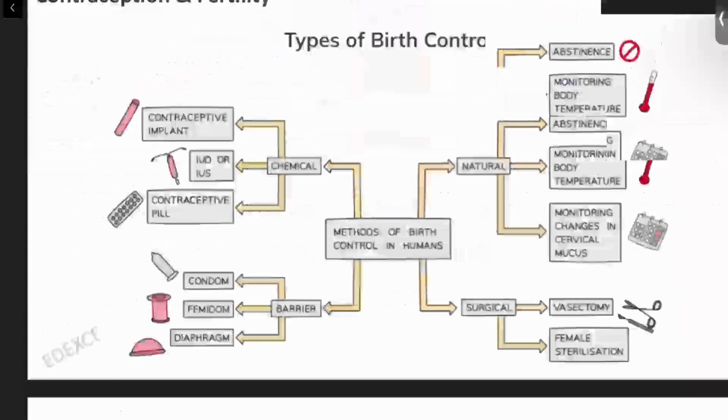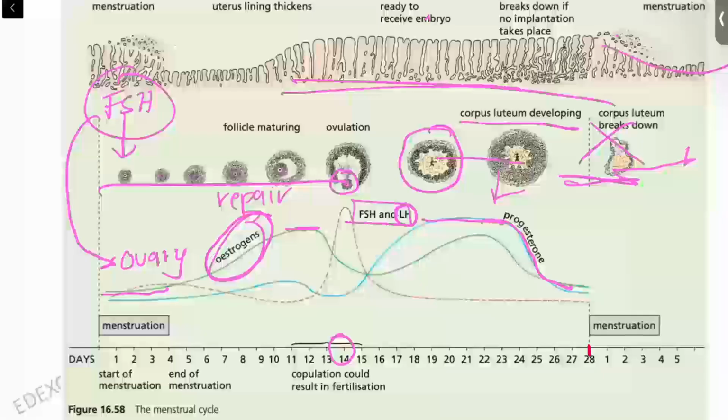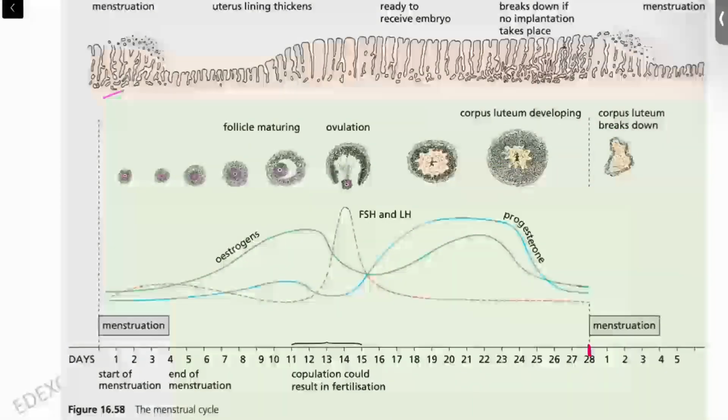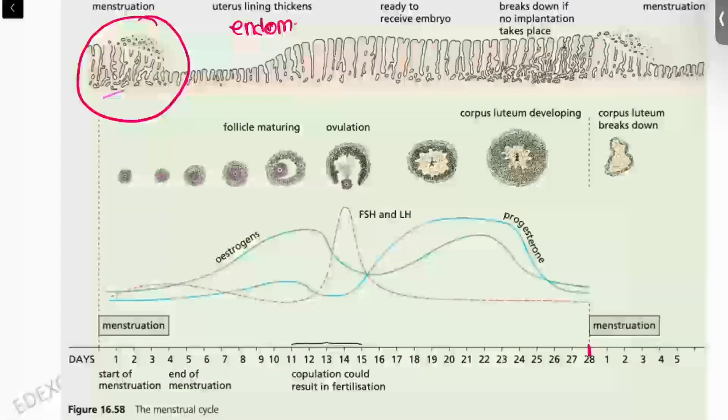Do you remember this graph? After menstruation takes place, the lining of the uterus, the endometrium, is repaired.